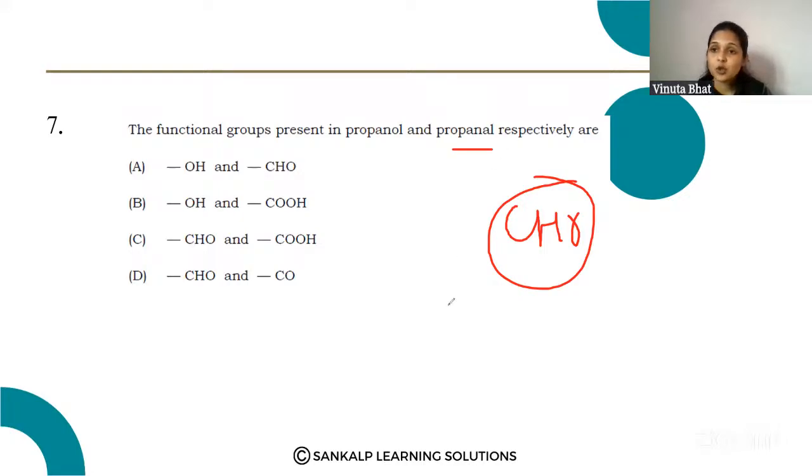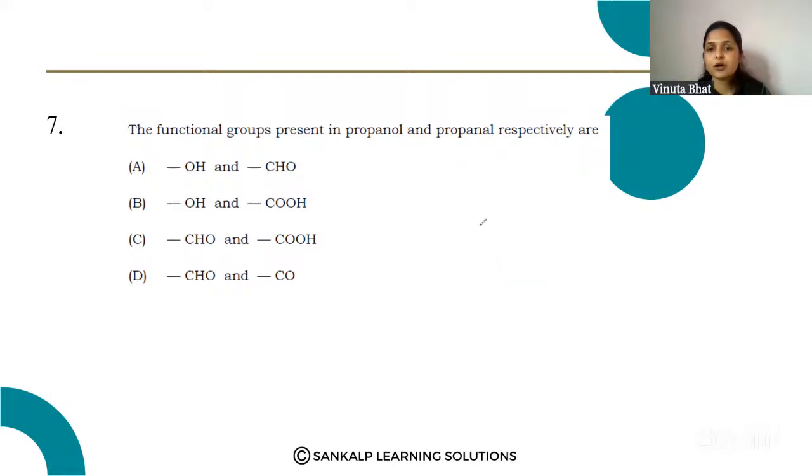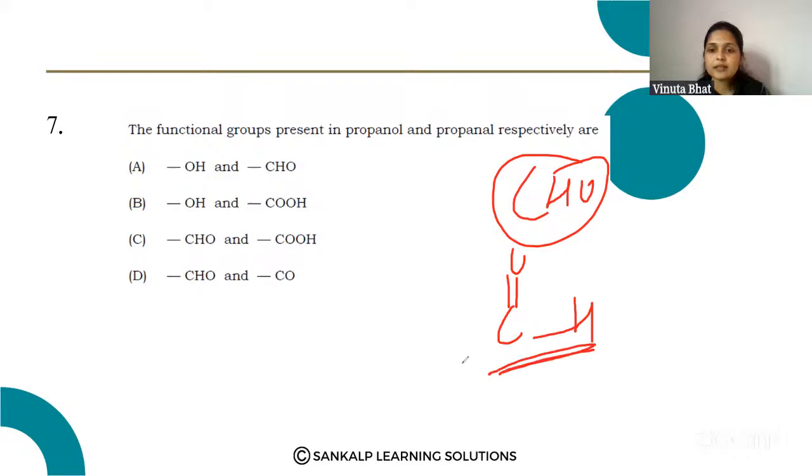So in both question 1 and question 2, I had given the wrong information. Sorry for that, because the propanal structure is given. I told you that is OH group, not OH group, that is the CHO group, aldehyde group. Okay. If aldehyde group is attached, it is C double bond O, H, like it is represented.